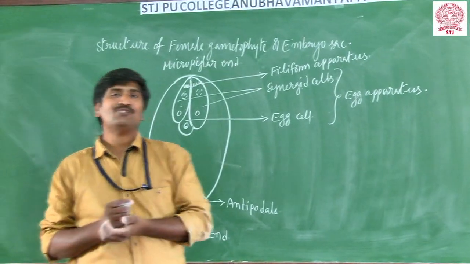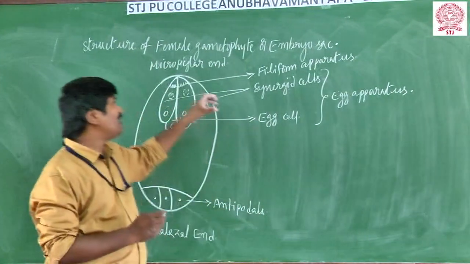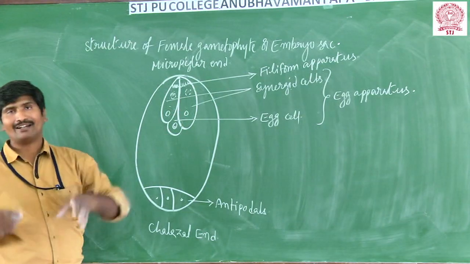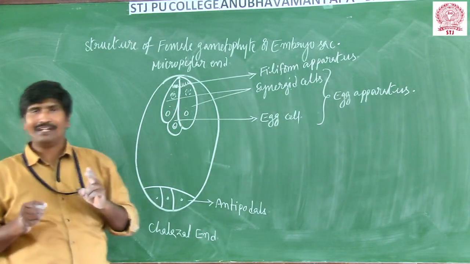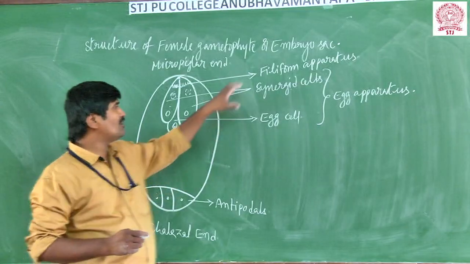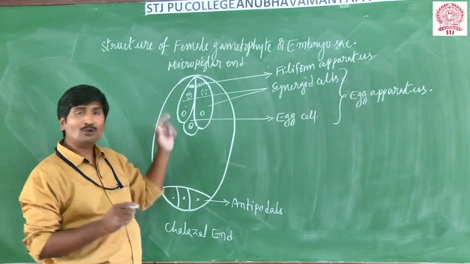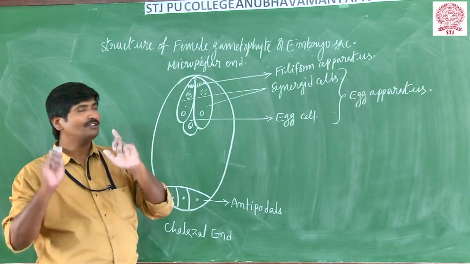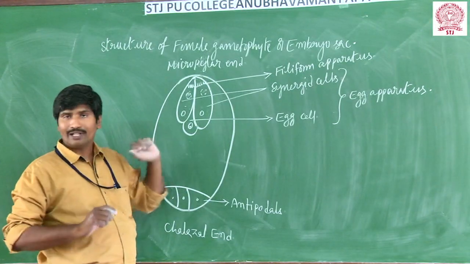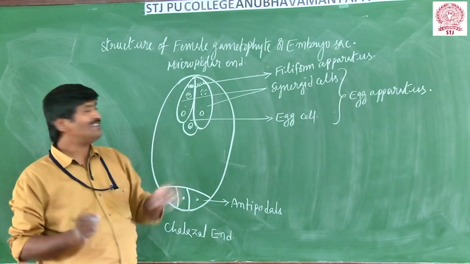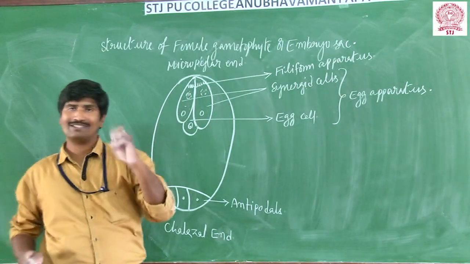These chemicals are responsible for the entry of the pollen tube into the embryo sac. These 2 points are very important: food material is supplied from the nucellus to the embryo sac, and the pollen tube is guided into the embryo sac.